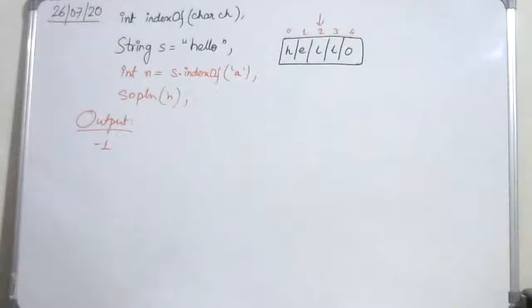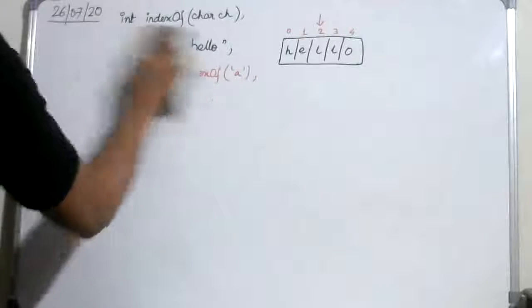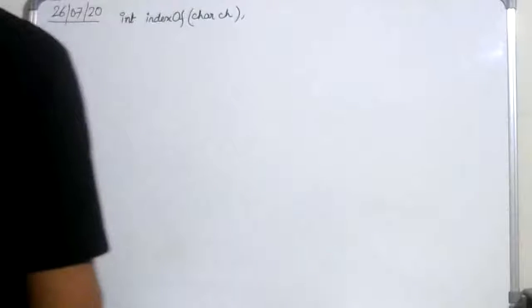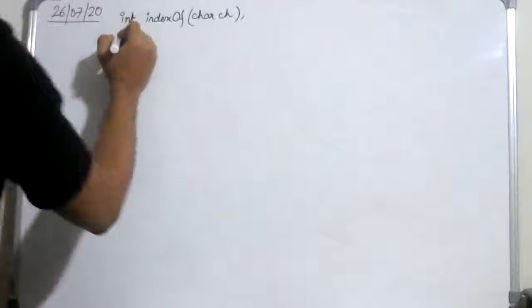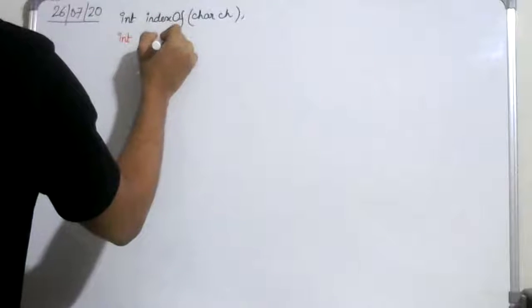indexOf has many variations. So this was one of the variations. Here, as you can see, indexOf takes a character as an argument. There are other variations as well. It can take a string also as an argument.